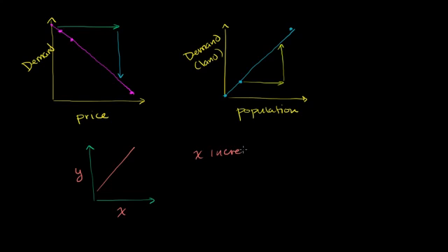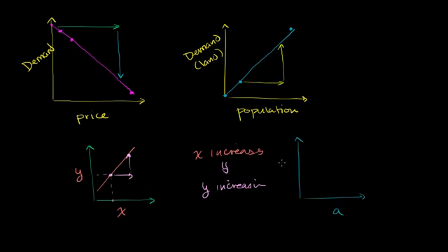Well, you take any x, that's the y that we're at for that x, and as you increase x, as you move in the positive horizontal direction, what's happening to y? y is going up. So for this example, as x increases, y is increasing.